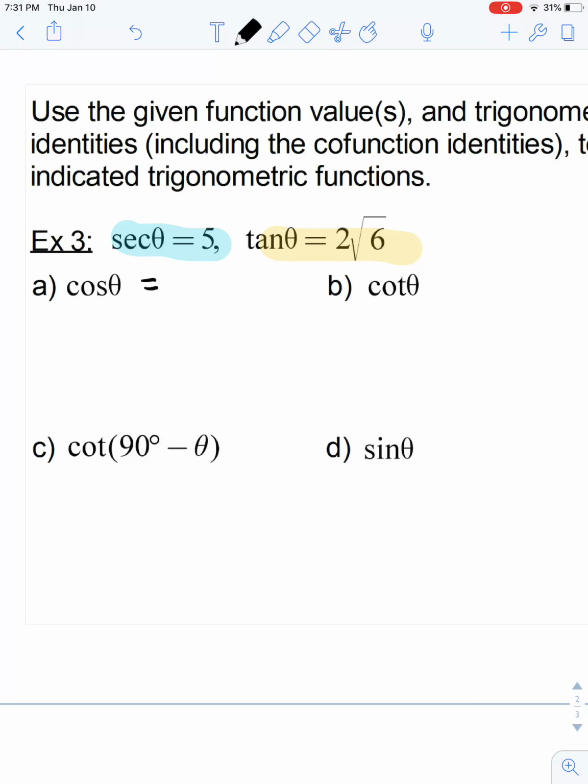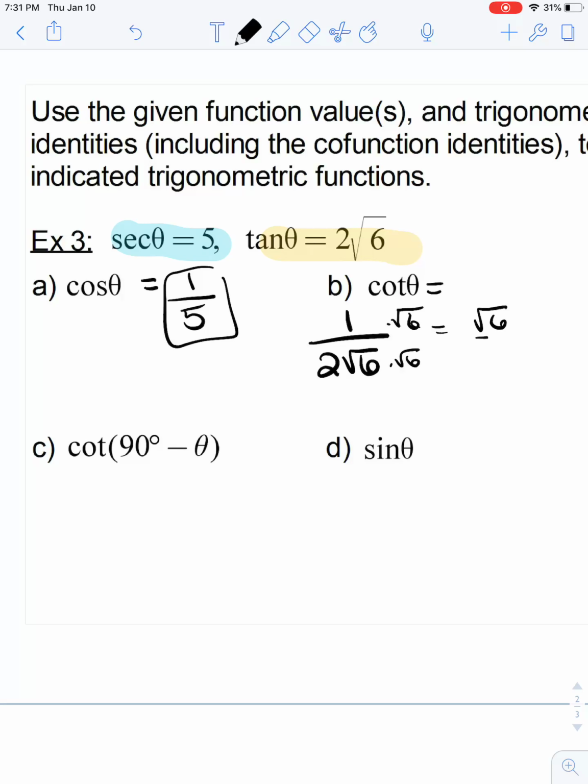So this is just 1 over secant theta, so that would be 1 over 5. Cotangent is just the reciprocal of tangent, so that's going to be 1 over 2 square root 6. And then when you rationalize, you get square root 6 over, well, that's just 6, so times 2, that would be 12.